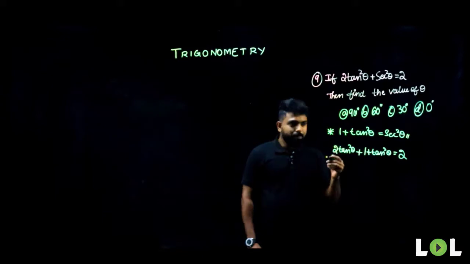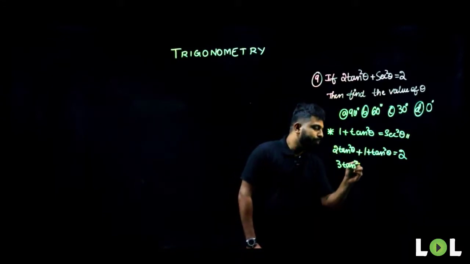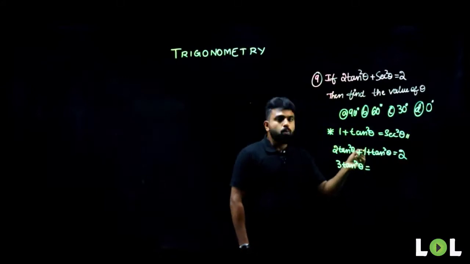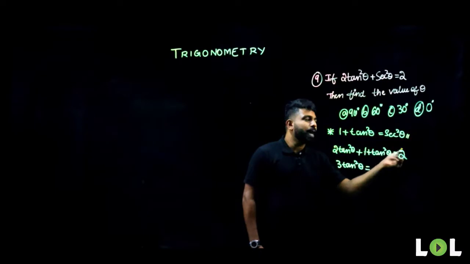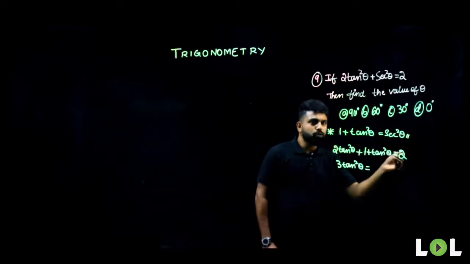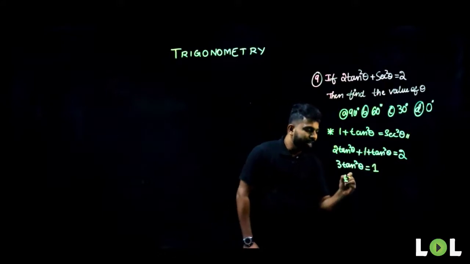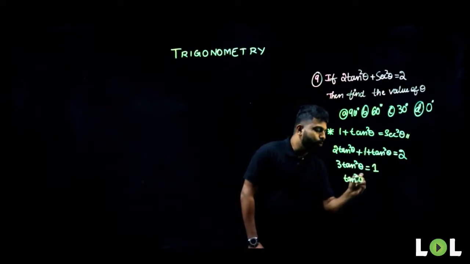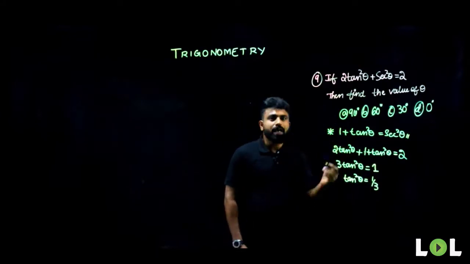Now finally what will I be left with? 3 tan square theta plus 1 is equal to 2. The 1 on the left hand side, if it goes to the right hand side, becomes minus 1. On my right hand side, I already have 2, so 2 minus 1 will be 1. So what will be the value of tan square theta? Tan square theta will be equal to 1 by 3, taking the 3 to the right hand side.